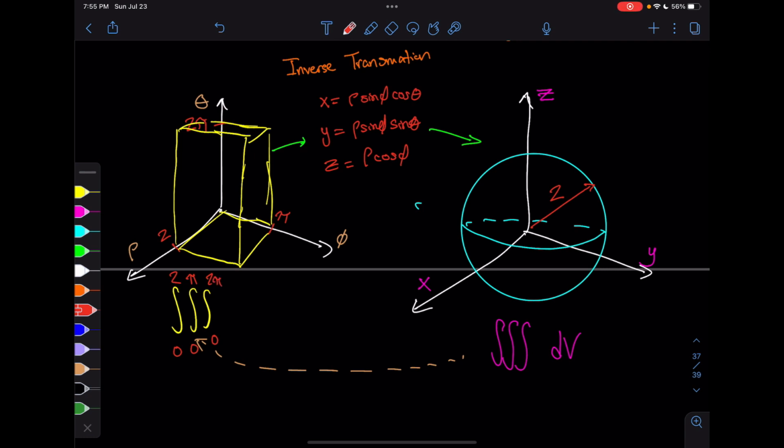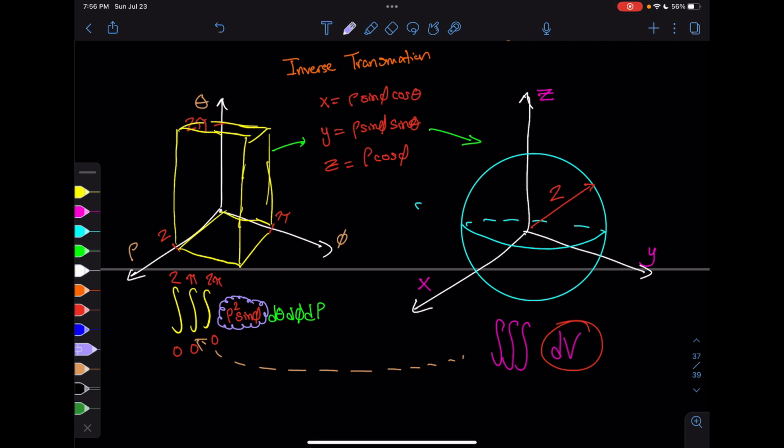And the only thing that we have to worry about, the only price that we pay making this jump, is that we still get our d theta and d phi and d rho, like what we expect, but there's this extra bit that comes out, this rho squared sine of phi, this extra price, what we might call a distortion factor, if you will, right?